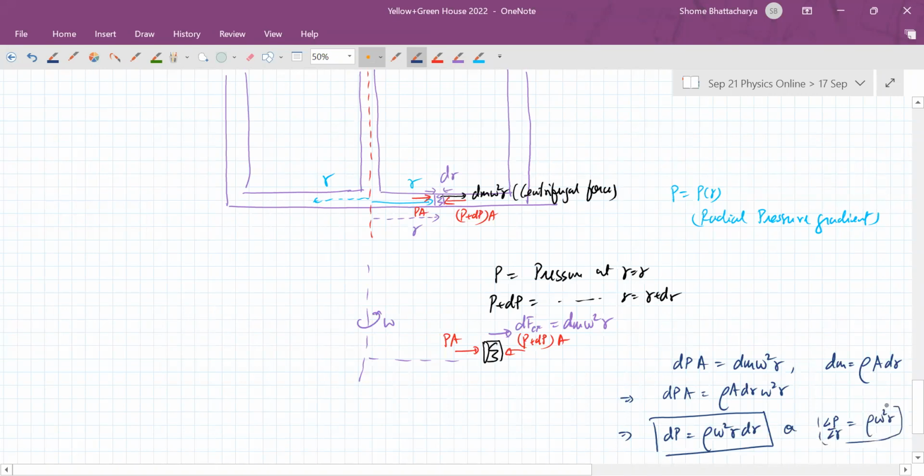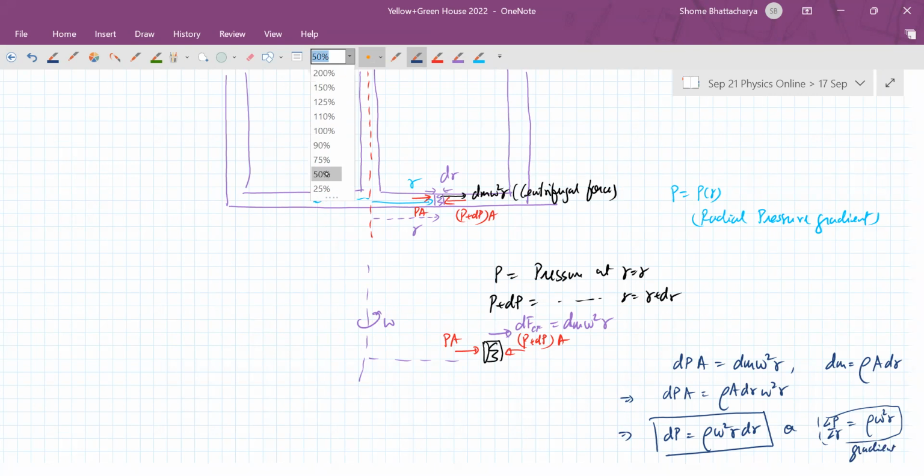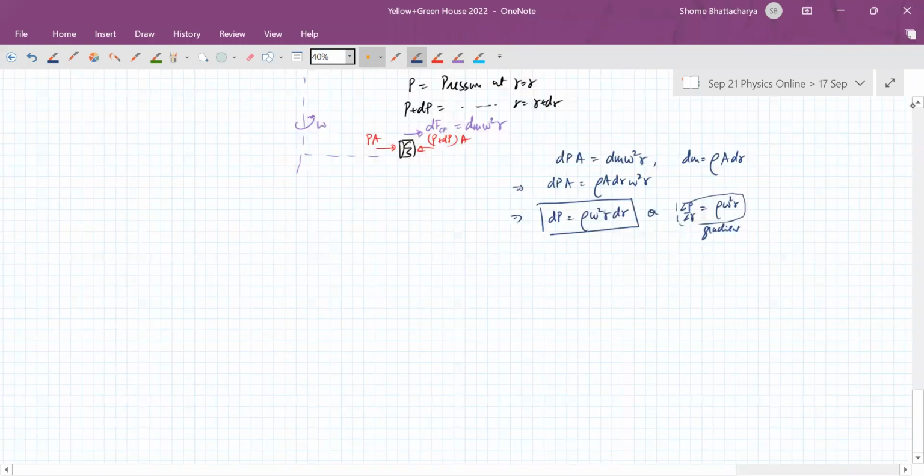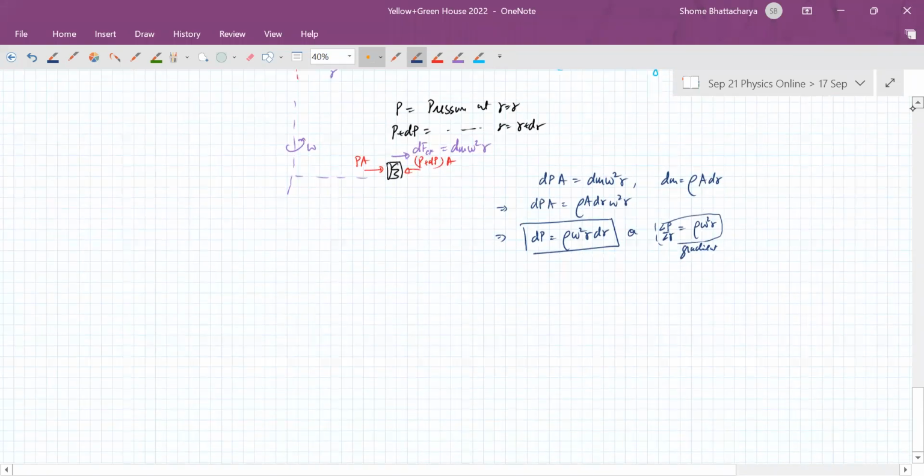This is the gradient. So as you go along the radial direction, the pressure increases by a factor of this much. For a distance dr, the pressure increases by an amount of density into omega square into r.